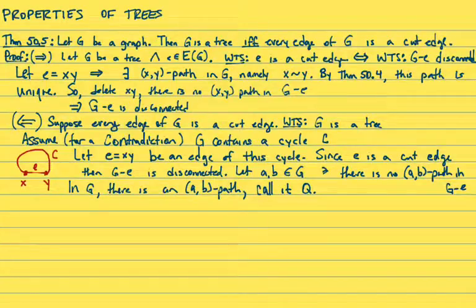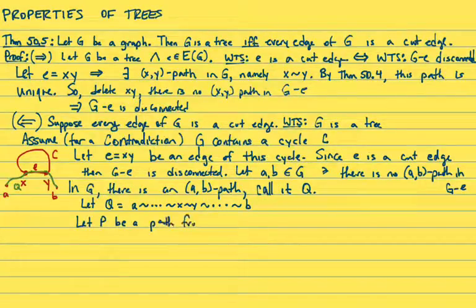From A to B, there is a path that follows along E, and whenever you remove E, there's no longer a path. Except because E is part of this cycle, there actually is, and that's going to lead to the contradiction. So let's let Q go from A all the way to X, and then from X to Y, and then all the way to B.